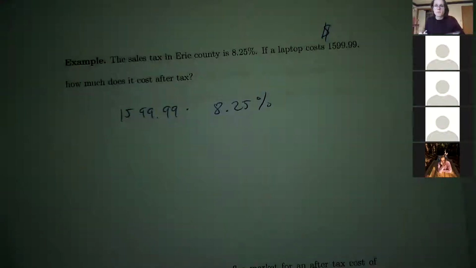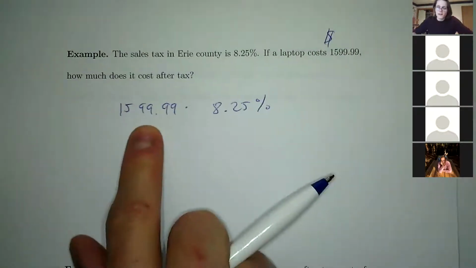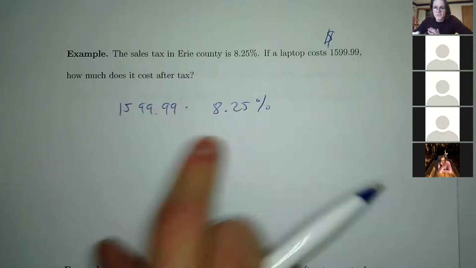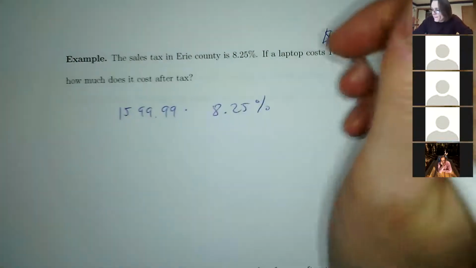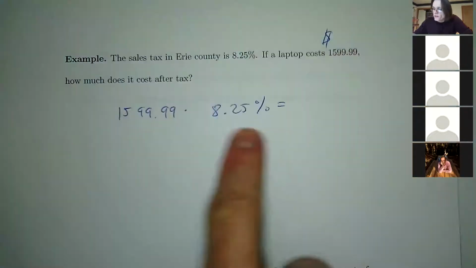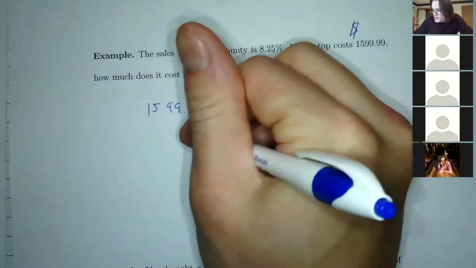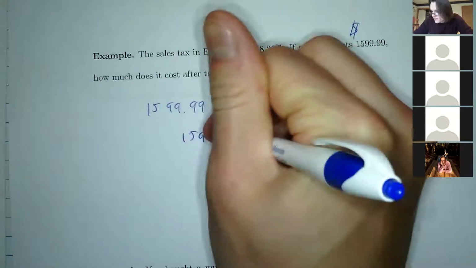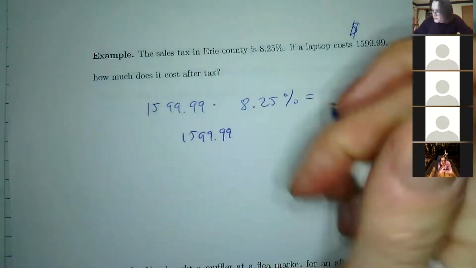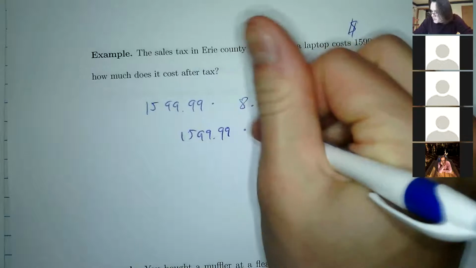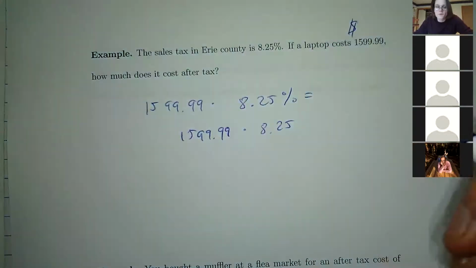Here, instead of population of Dalmatians, it's the amount of money, and my percent is the tax rate. It's the same strategy. Just like before, I need to convert this to a decimal for my calculator to understand it. So 1599.99 times 8.25, and when we go from percent to decimal, I divide by 100.